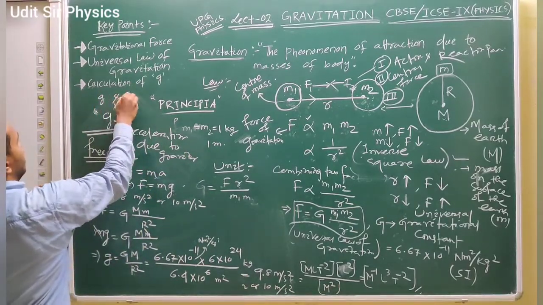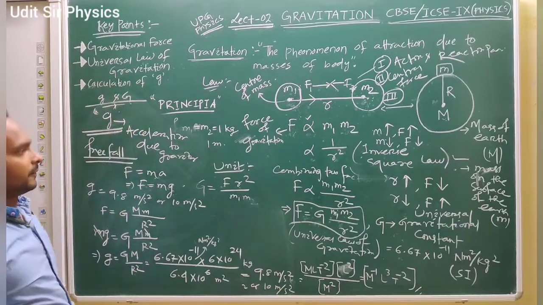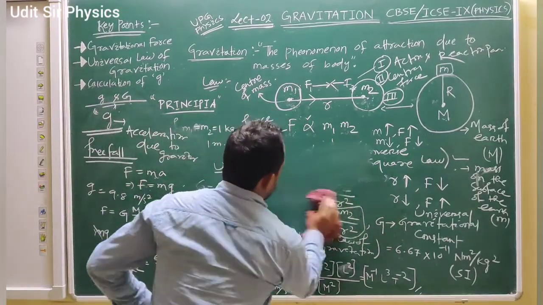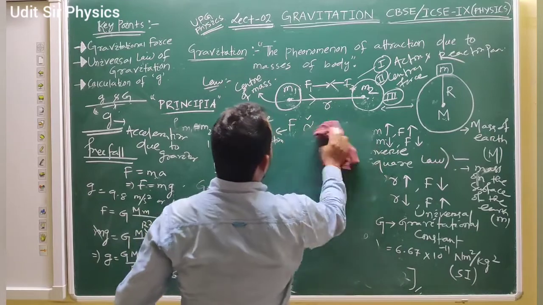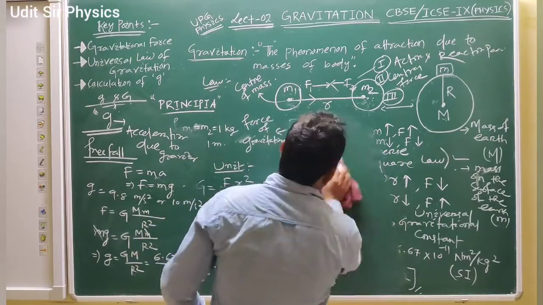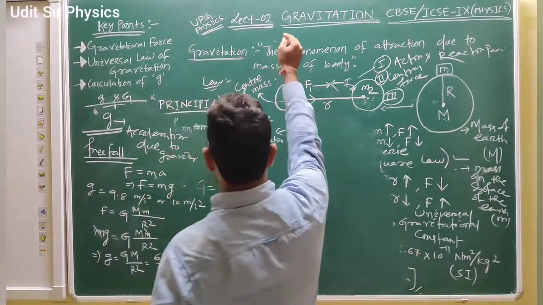Small g and capital G, called free fall. And we know that from the motion under gravity, we already completed the chapter laws of motion, motion in one dimension.